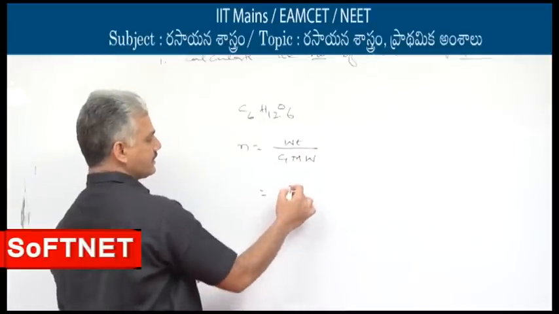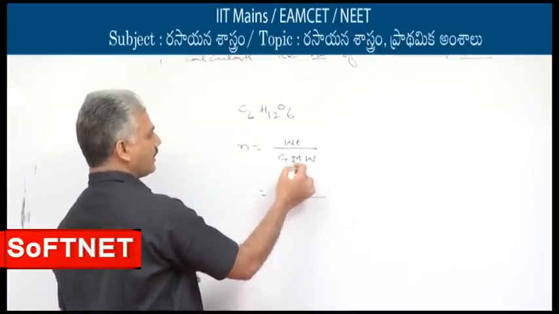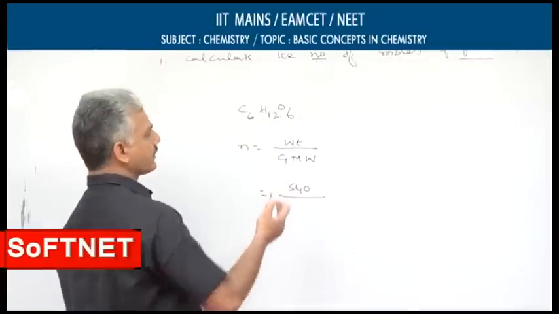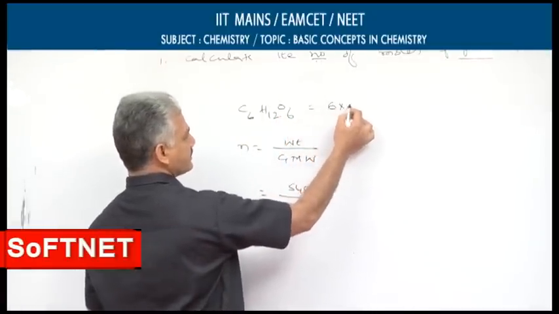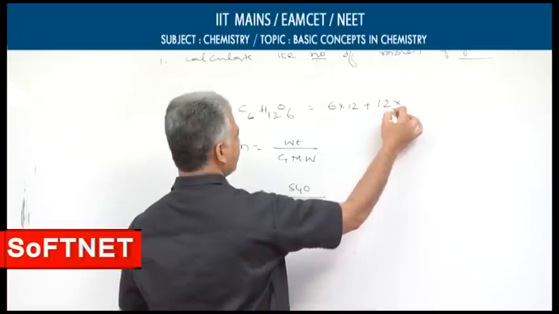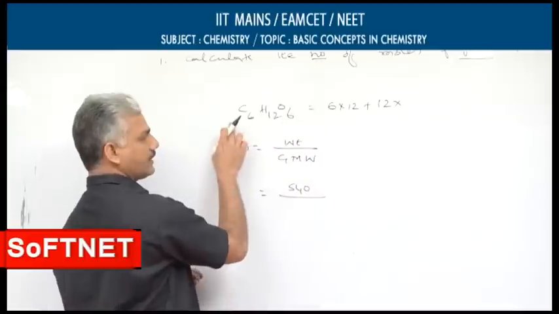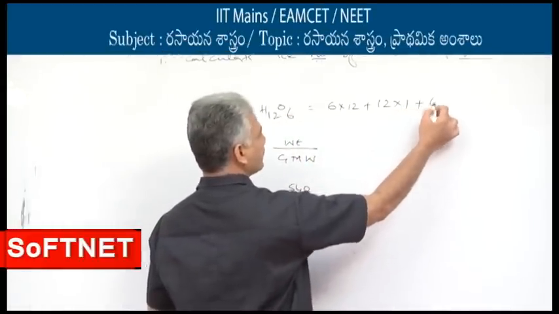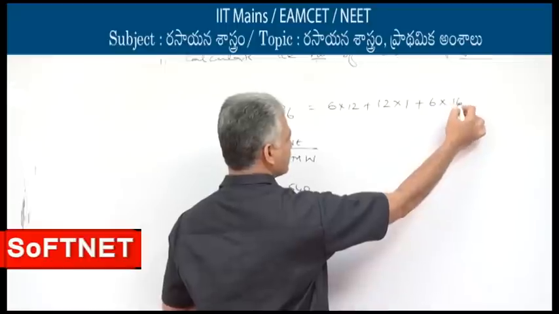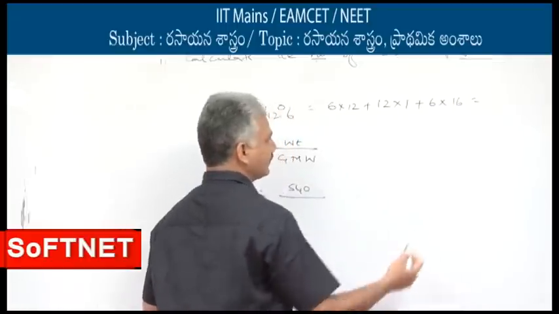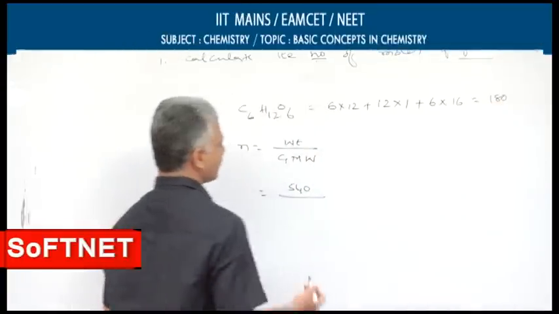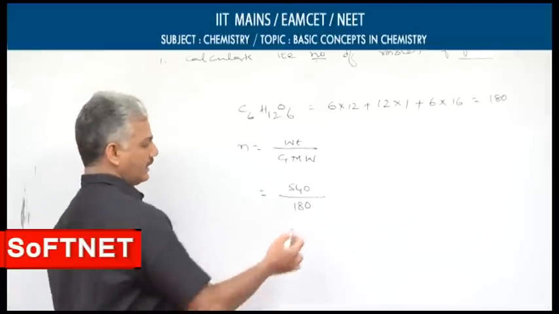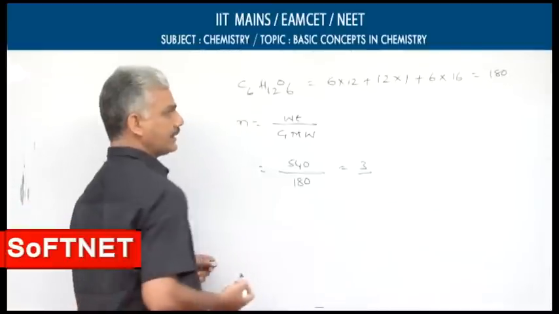Weight of glucose is given as 540. Gram molecular weight we have to calculate from the molecular formula. Glucose molecular weight is 6 into 12, where 12 is the gram atomic weight of carbon, plus 12 into 1 for hydrogen, whose gram atomic weight is 1, plus 6 into 16 for oxygen, whose atomic weight is 16. So, the total comes out to 180. In place of gram molecular weight, we can take 180 and that comes out to 3 moles.